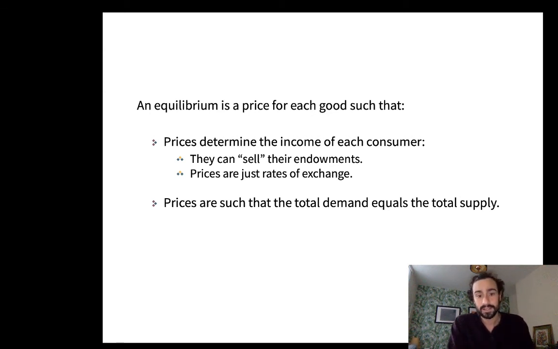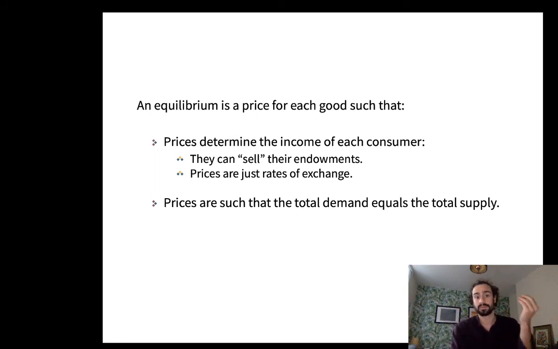And what do we need from this? Well, each consumer goes to the market, they sell their endowment. Their income from selling the endowment depends on this equilibrium price vector. Now they can buy back other stuff in the economy. And what do they want to buy back? They want to buy back their Walrasian demands, given this price vector and given the income that they just received from selling their goods. And we need that the prices are such that the total demand is equal to the total supply.